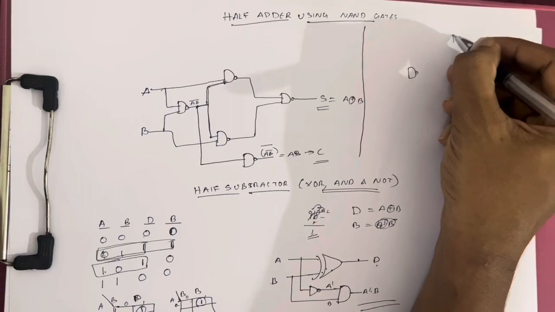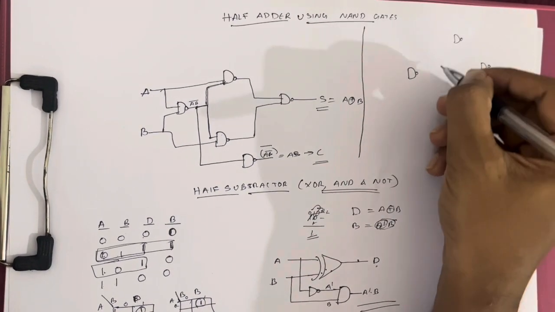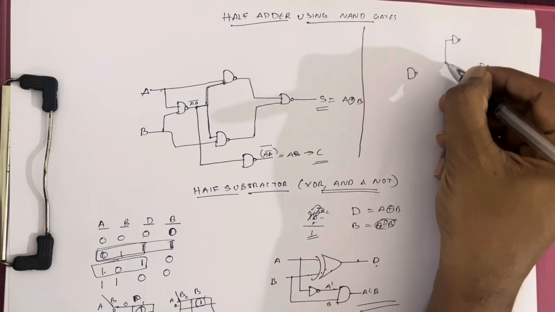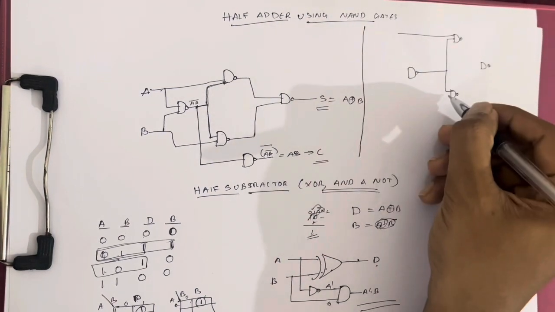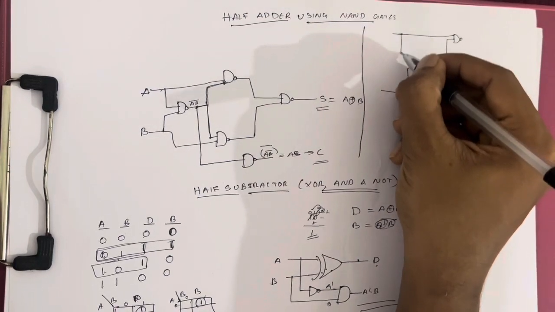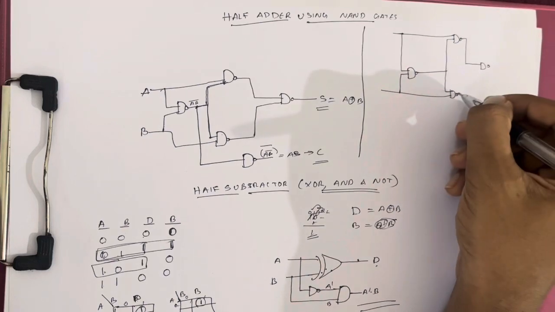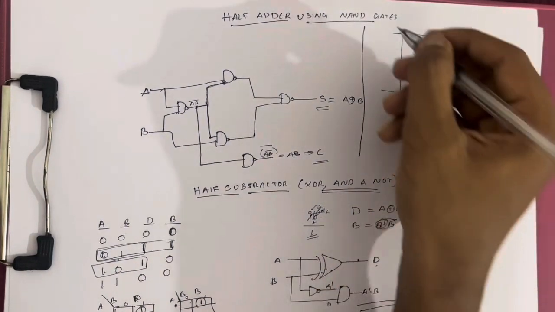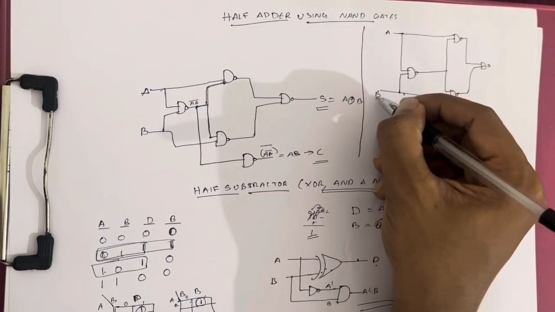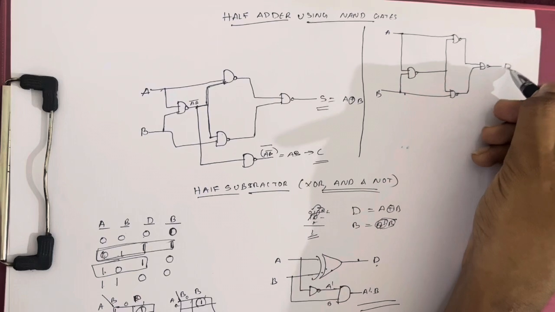One here, one down, one here, and there will be a connection like this, and A, B, and from AB to here, and from both sides to here. Simple. Okay, then we have A, B, and here comes the difference.